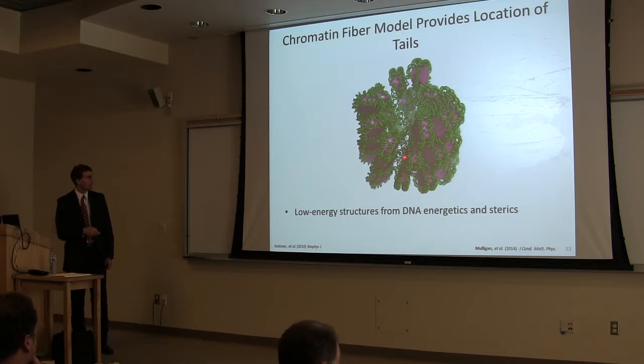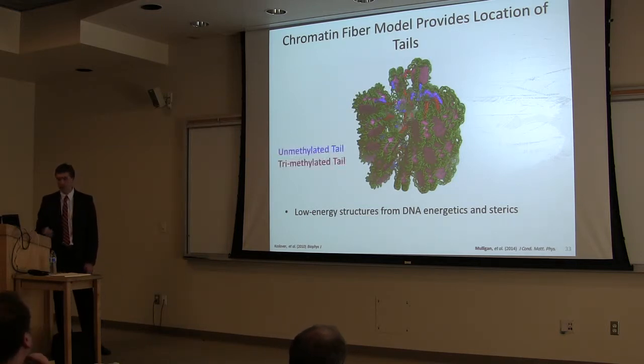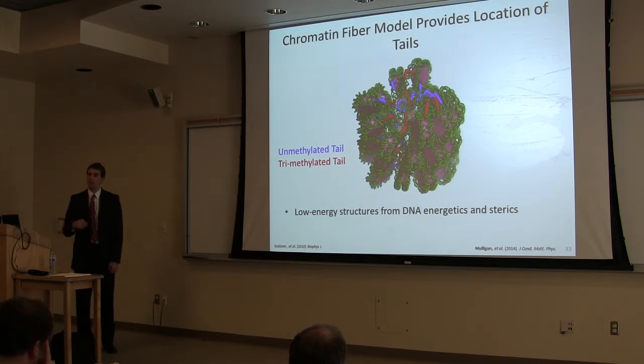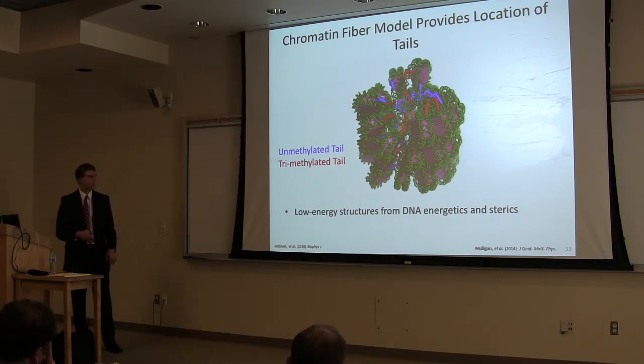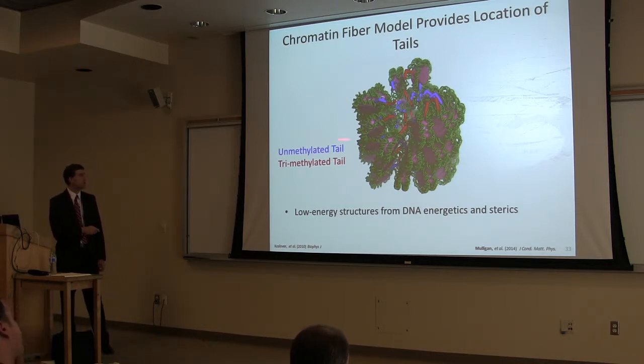She looked at the low energy structures based on the DNA linker behavior, as well as the sterics of these nucleosomes. For today, I'm going to be focusing on the location of the tails, which is where the HP1 will bind. To simplify the picture a little, I'm going to look only at the case where they're either unmethylated or trimethylated.